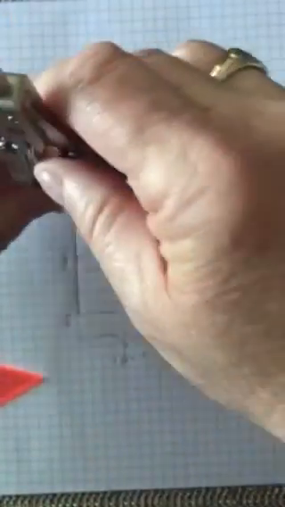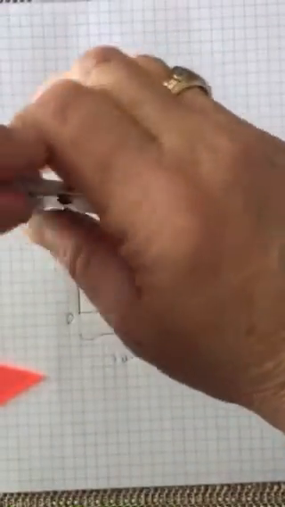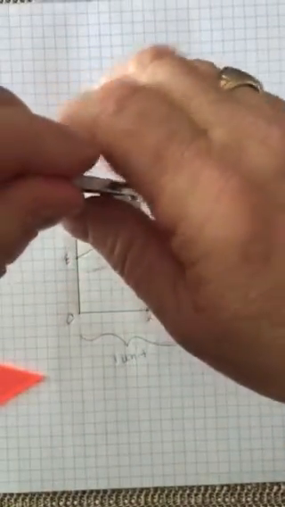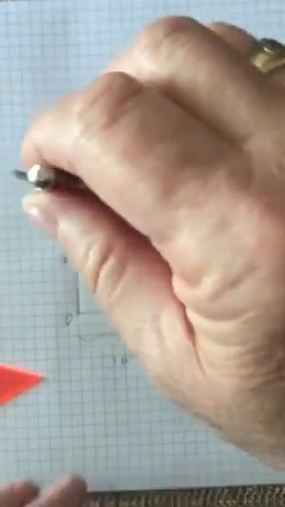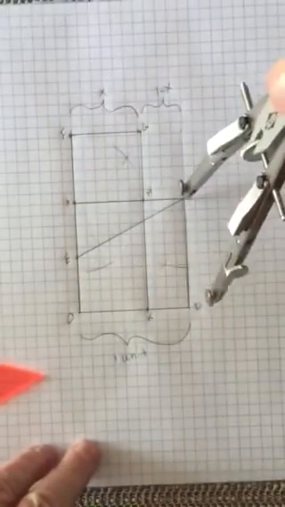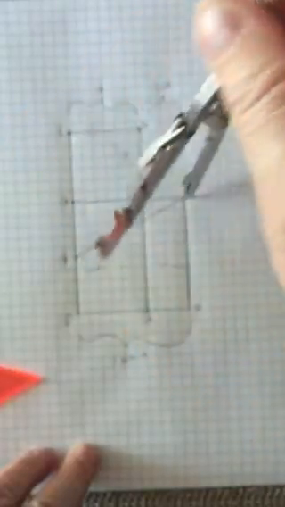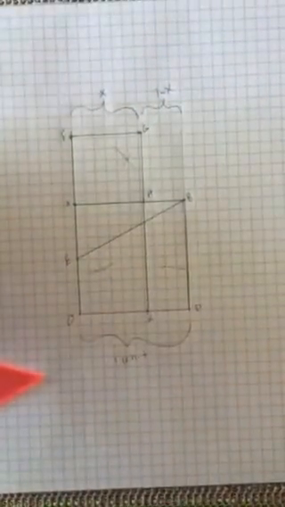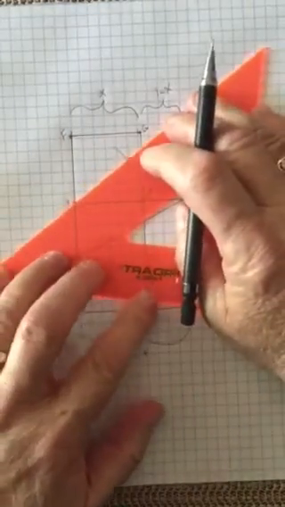Then I'm going to use AB as my unit 1 to measure the diagonal. Another diagonal. And then all I have to do, now I've got 1, 2, 3, 4, 5 points. I just connect my points.